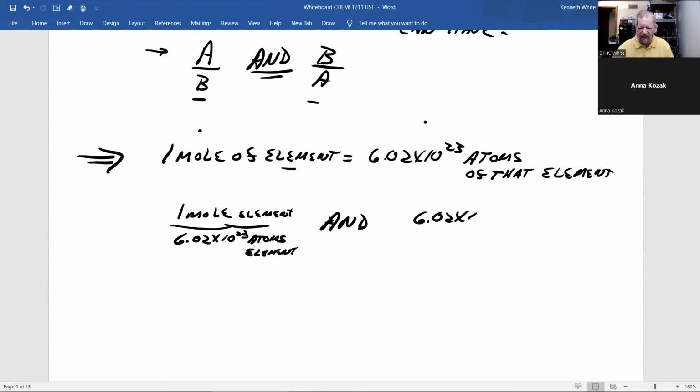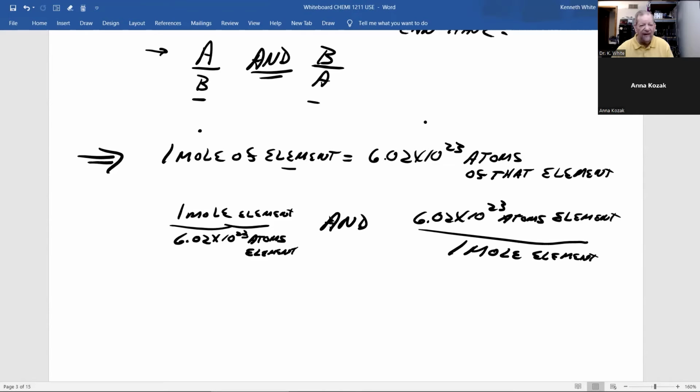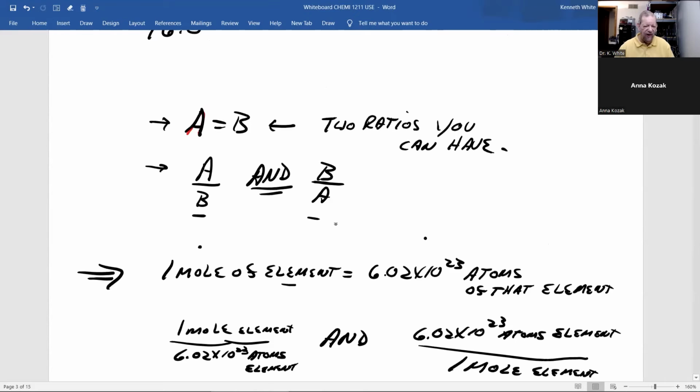And I know the other ratio, 6.02 times 10 to the 23rd atoms of the element per 1 mole of the element. Now this you have to memorize yourself. And what do you have to know?